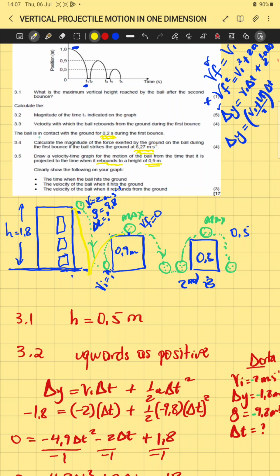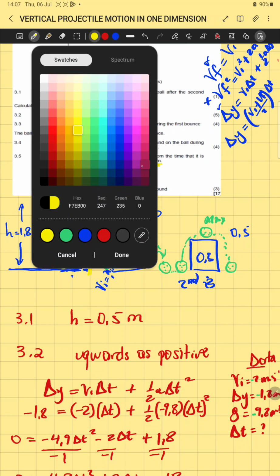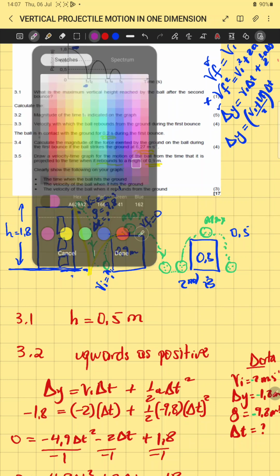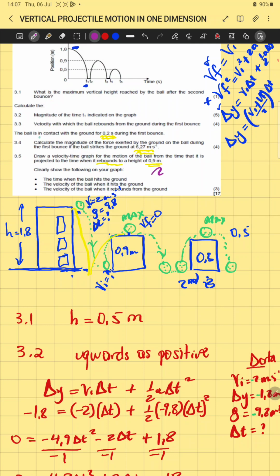Then they say clearly show the following on your graph. So in our graph we need to show the following values. First, the time when the ball hits the ground. Remember the time we've just got is 0.44 seconds.